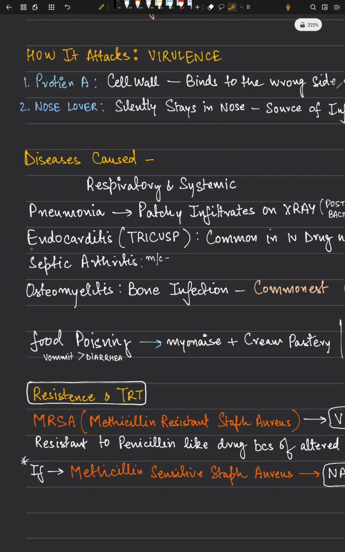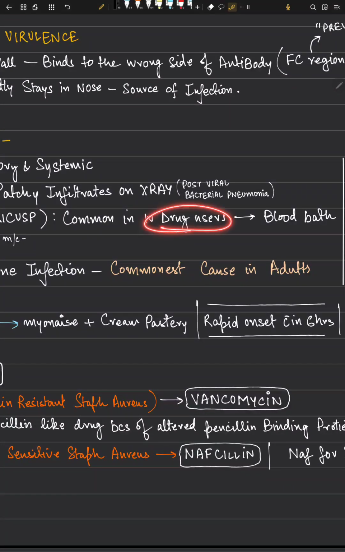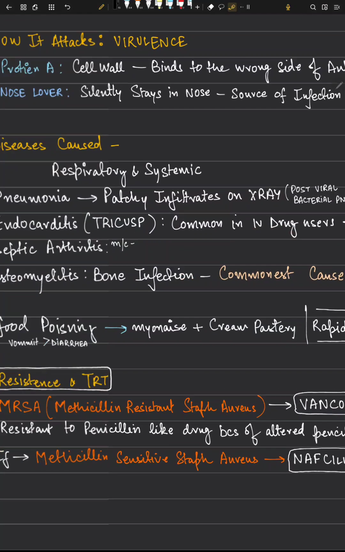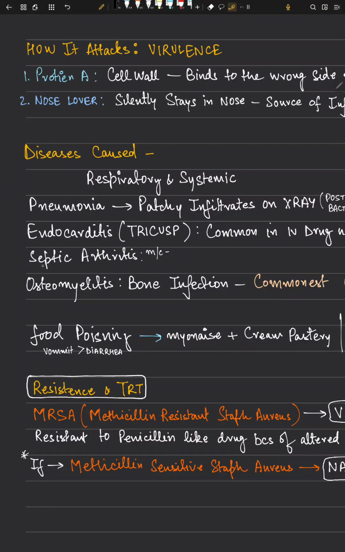Okay. Other thing it causes is endocarditis. How? It causes endocarditis via blood. It's common in drug users because they keep injecting stuff inside their veins. So it's common in drug users, and it's a bloodbath for Staph aureus. It also causes septic arthritis, which is one of the most common causes in adults.